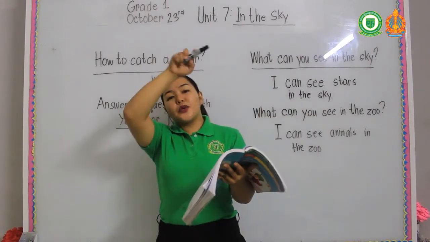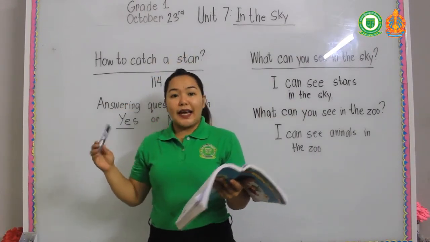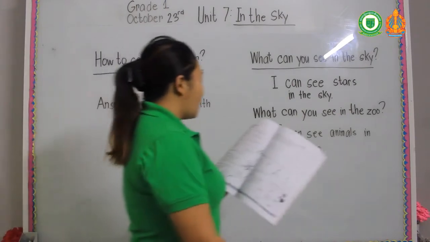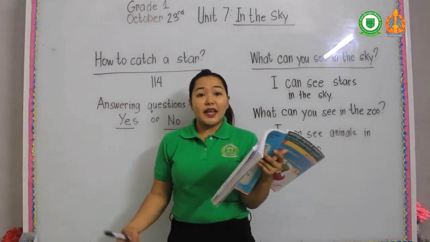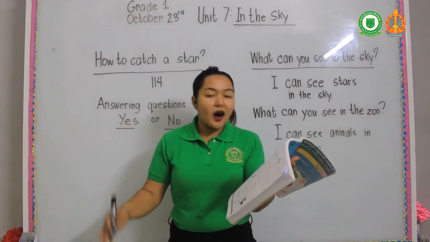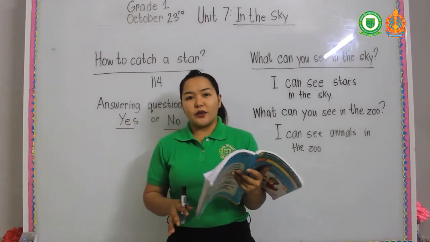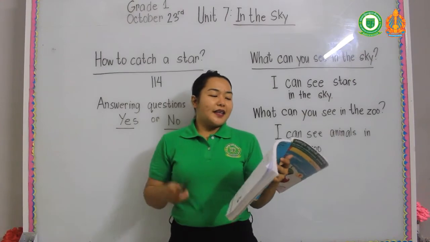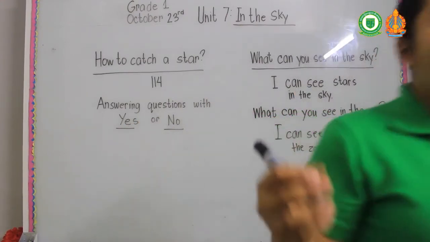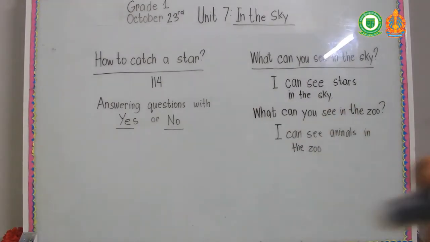Okay, so you have to draw a straight line. What did the boy want? The answer is he wanted a star of his very own. So you have to match it. What did the boy want? He wanted a star of his very own.